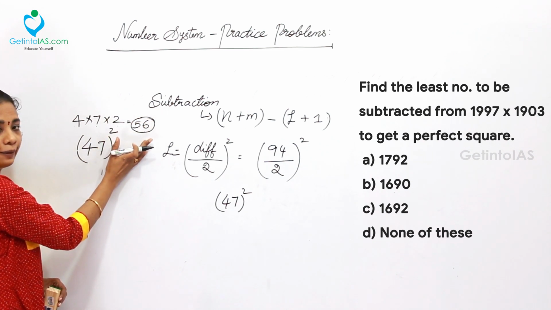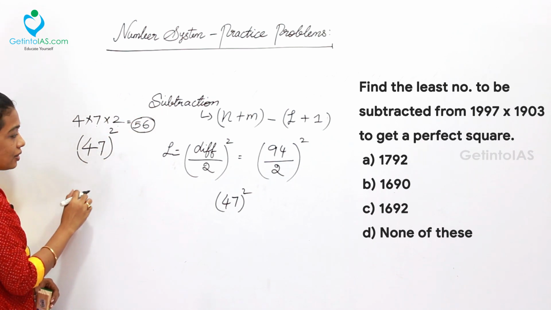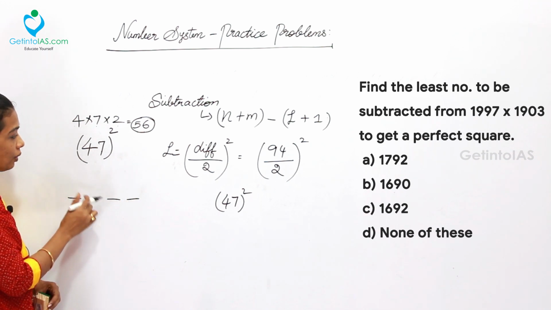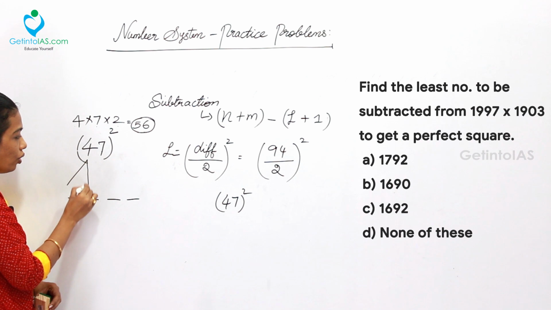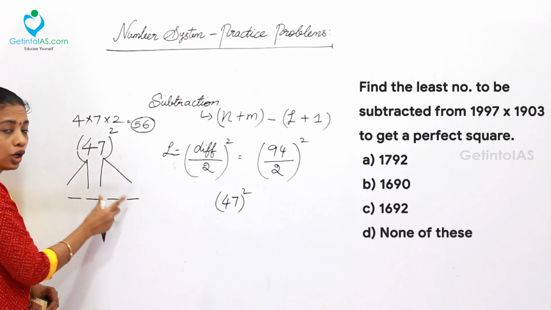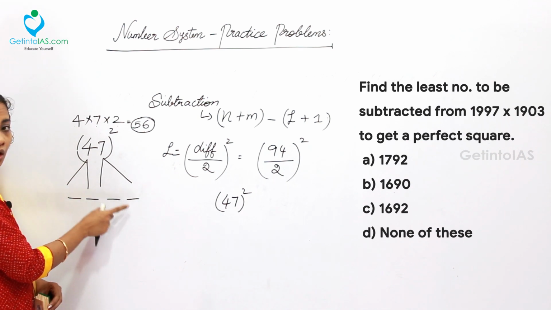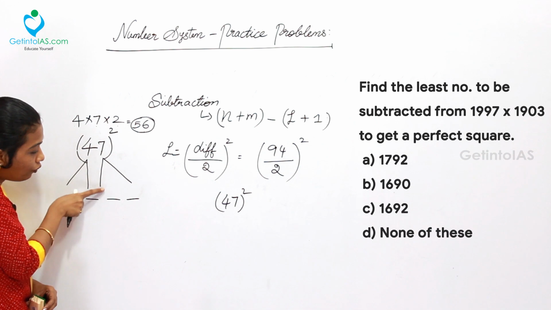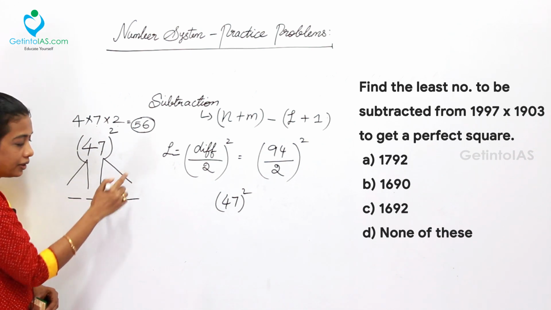Keep it separately. Now the next thing is, here we want to make a 4-digit number by squaring the 4 and by squaring the 7. Always you want to write 2-digit numbers. However, so what is 7 square? 7 square is 49. 4 can be written here, 9 can be written here like this.